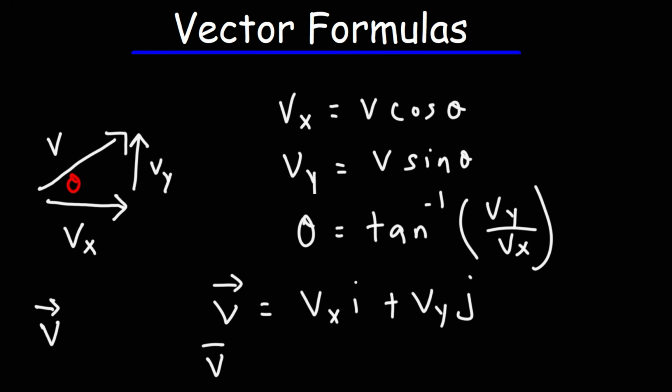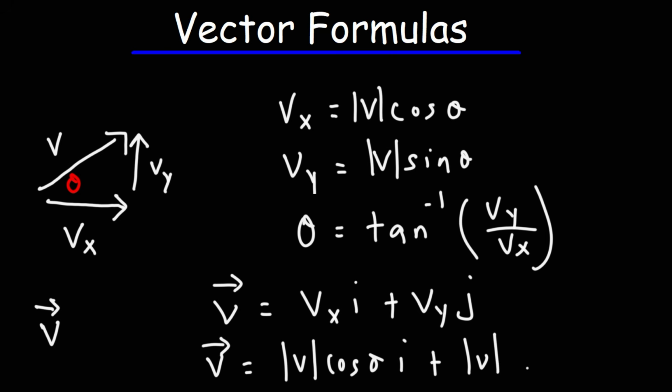Now, vector v can also be written this way. The magnitude of v, which is basically what we have here, you can write it like this, times cosine theta, i, plus the magnitude of v times sine theta, j.